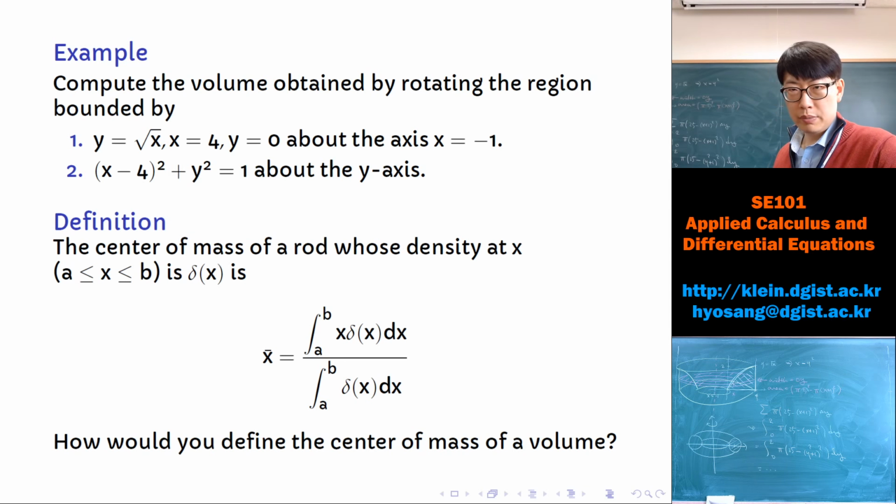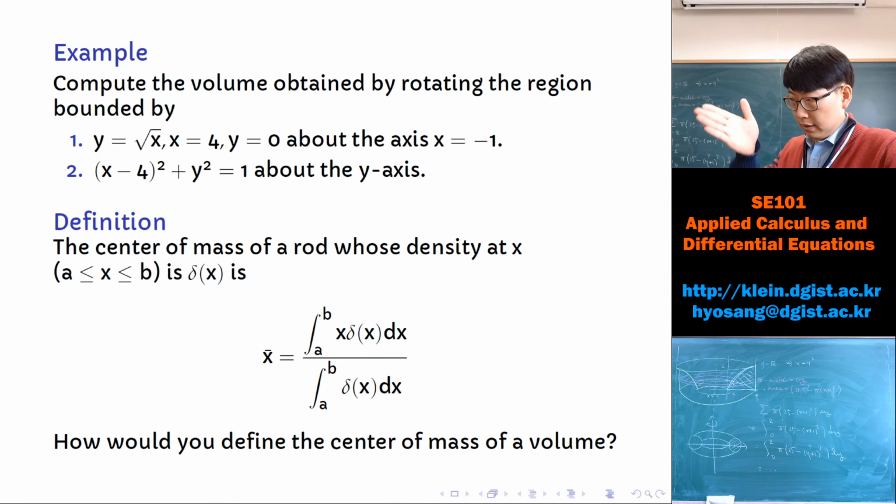If you have a two-dimensional or three-dimensional object, then you can extend the definition by changing this variable x to y, and changing the function delta to the function of density at that position, either x, y, or z.